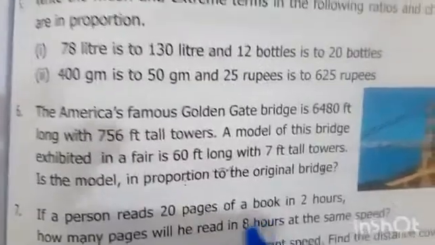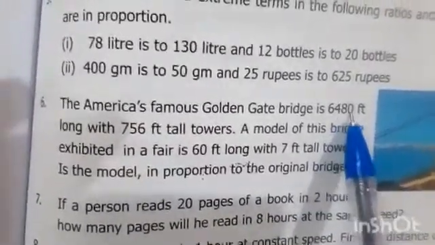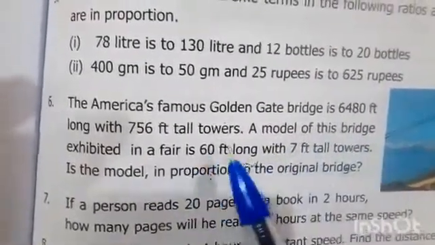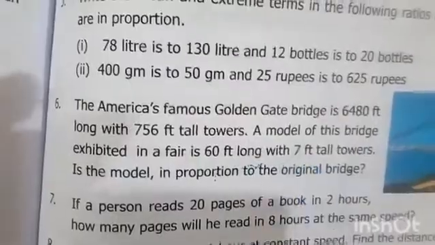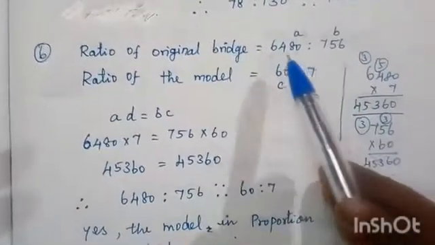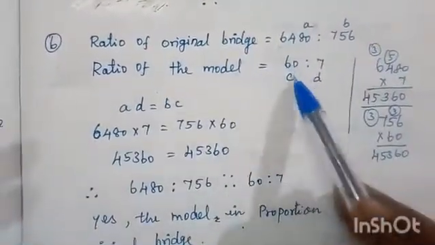So here we want to find the ratio of the original, which is 6,480 is to 756, and the model, which is 60 is to 7.